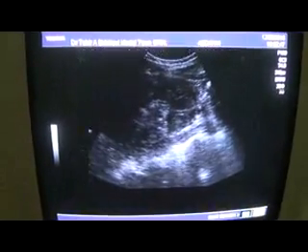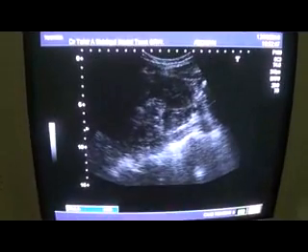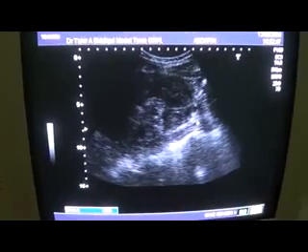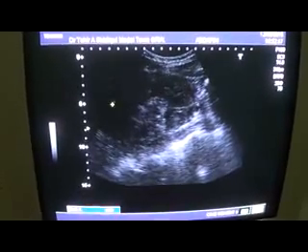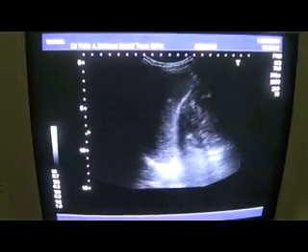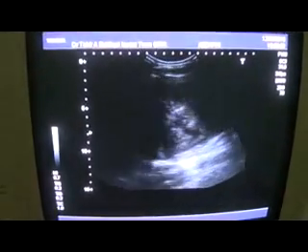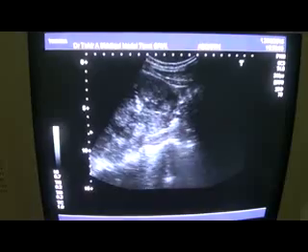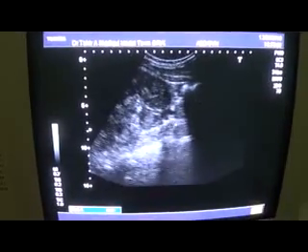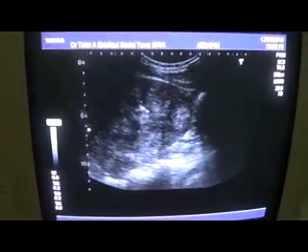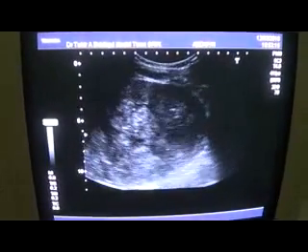This strip of muscle is the iliopsoas muscle on the left side, and this is the mass, and this is the spleen. So spleen, reniform shaped mass, the iliopsoas muscle, and note that it is very well demarcated.